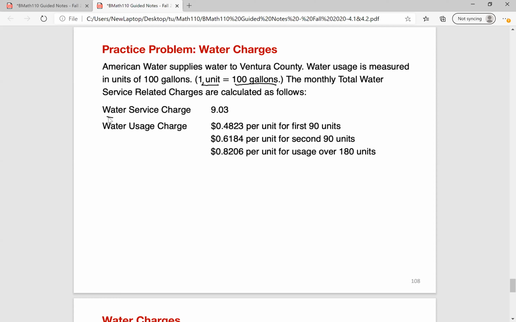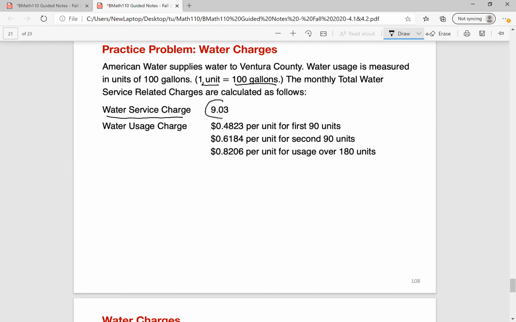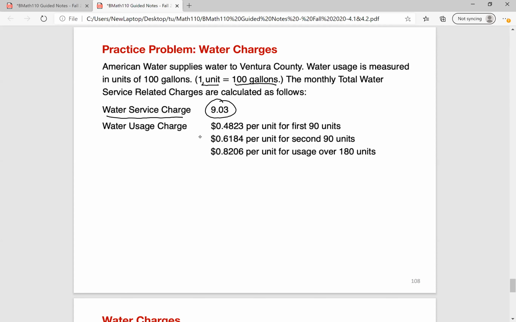Firstly, you have to pay the water service charge, which is 9.03. It's fixed, and then there is a rate for each K. For the first 90 units, K is greater than or equal to 0, less than or equal to 90.